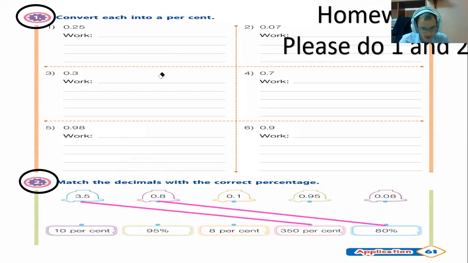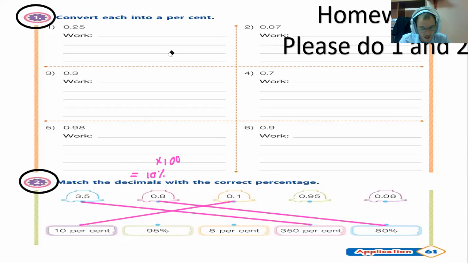The next one is 0.1 multiplied by 100 equals 10%. So go and find 10%. It's the first one on the left-hand side here, and we match them together.